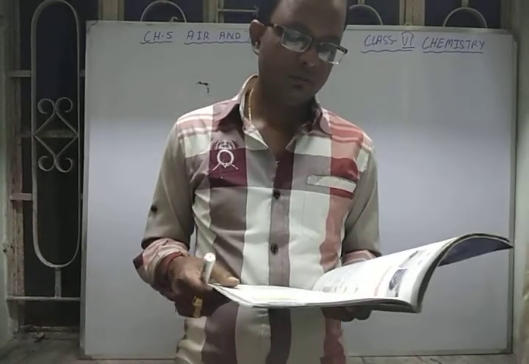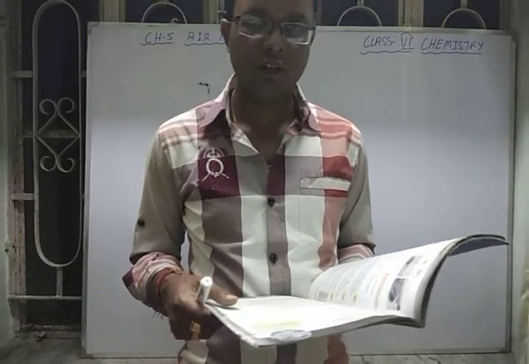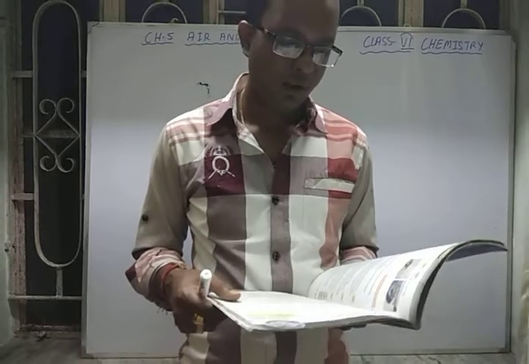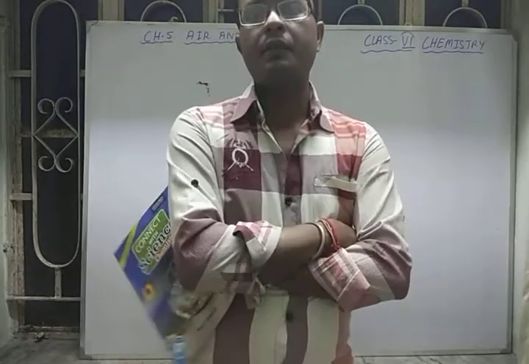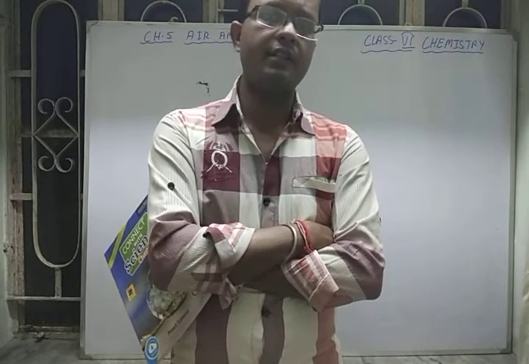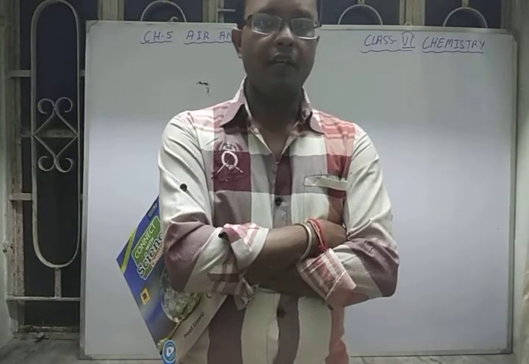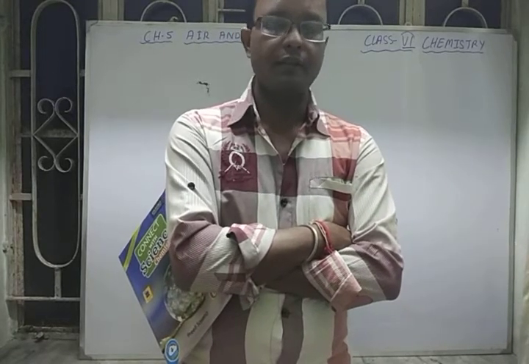As you know, what is air? Air is a mixture of gases. Why is air called a mixture of gases? Because the percentage composition of the different gases present in the air varies from place to place.